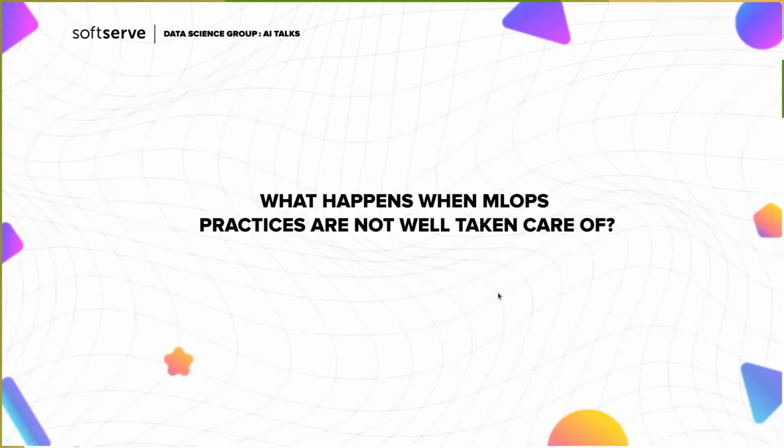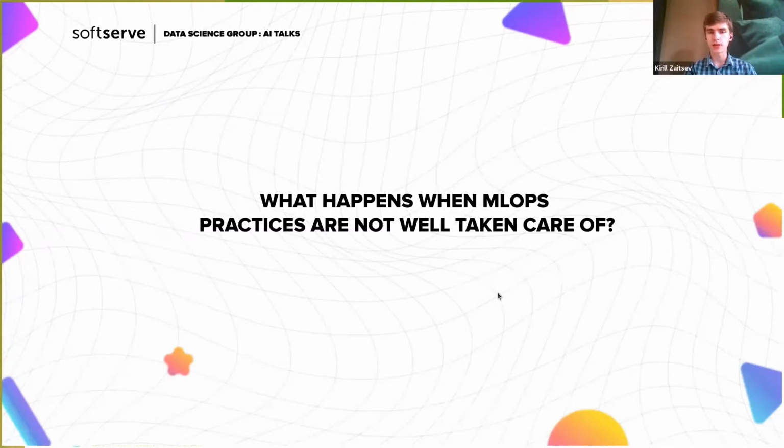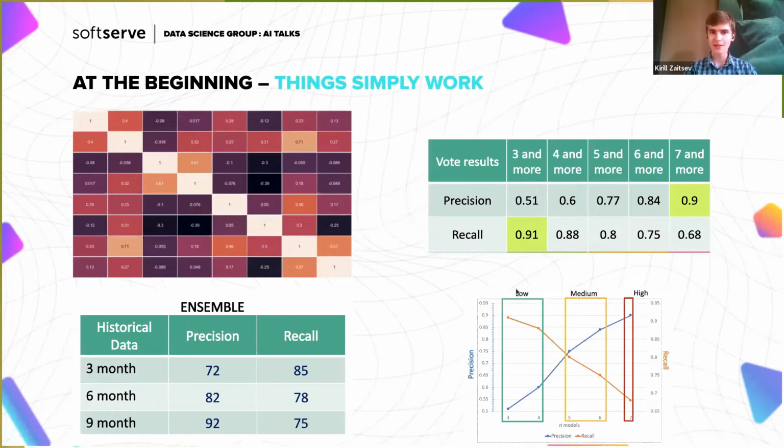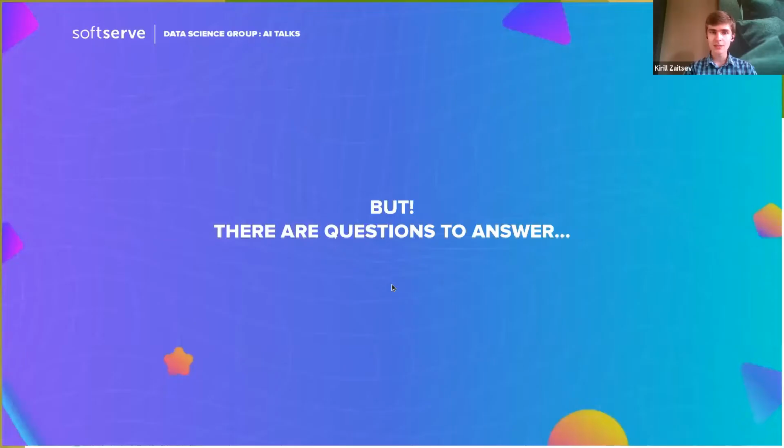So what happens when MLOps practices are not well taken care of? What happens when the data science project has only a business goal in mind? Basically, at the beginning, things simply work, and everybody is satisfied. Data scientists build cool models, and the business is happy that the model does its job. But there are some questions to answer.